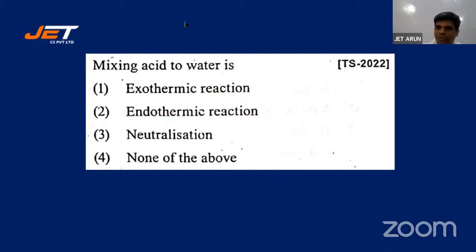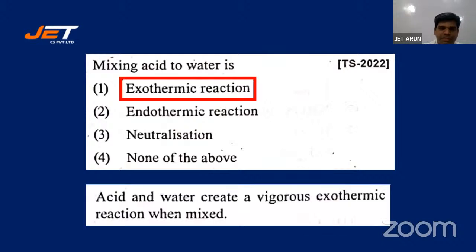See, when you add acid to water, heat is released. It's an exothermic reaction. Acid and water create a vigorous exothermic reaction when mixed. All right, remember this part. In today's questions, not much logic is involved. Memory-based questions are there, and a bit of knowledge about reactions.